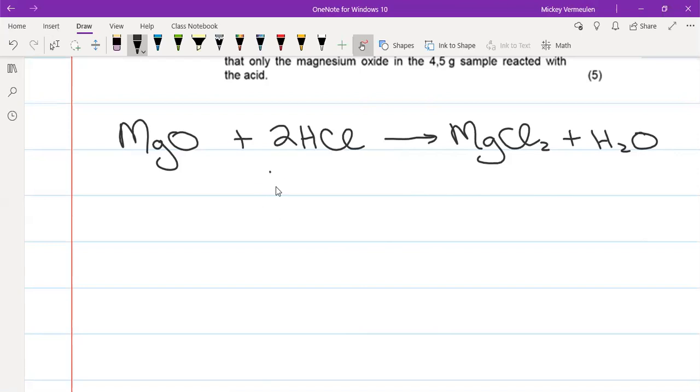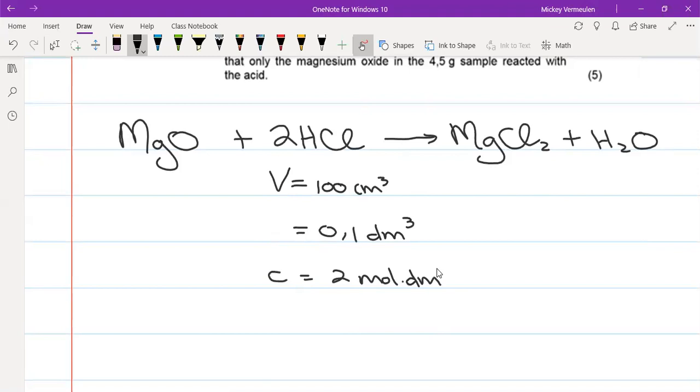So they give us the volume, which remember we need to convert to cubic decimeters. So I have to divide by 1,000. They give me that concentration, and now I use the formula C equals n over V. I substitute the 2 into C's place, and I substitute the 0,1 into V's place.